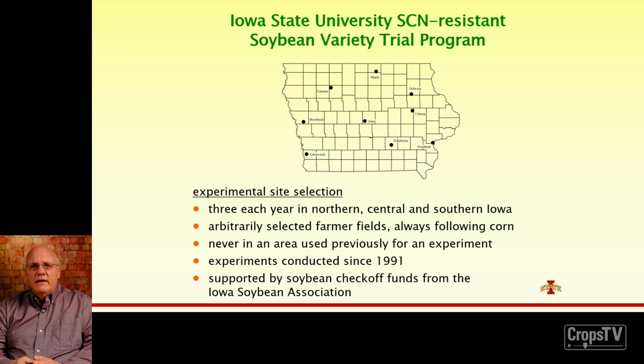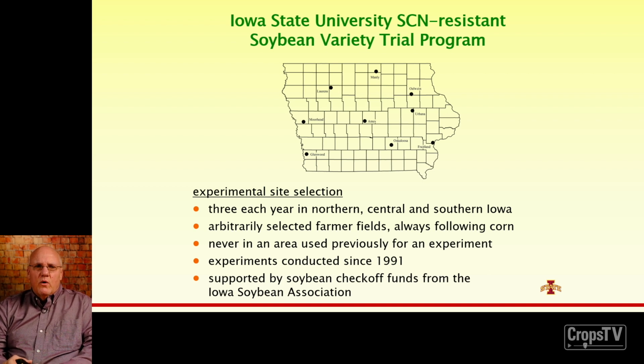Another key point here is that we do these experiments in farmers' fields, and because of that, we feel that the results we obtain are indicative of what farmers would attain should they grow these varieties in those general locations. We never go back to a specific area of a field twice.